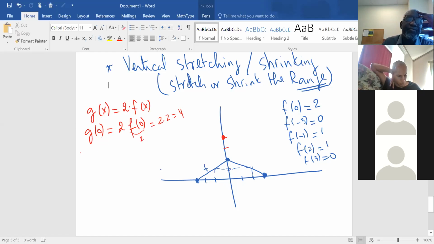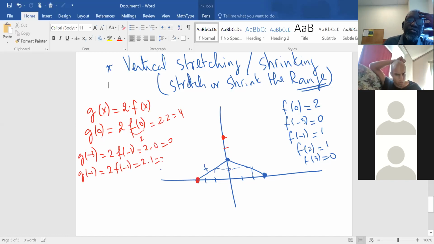What is g of negative 3? It is 2 times f of negative 3, which is 2 times 0, which is 0, right? What is g of negative 1? It is 2 times f of negative 1, which is 2 times 1, which is 2, right? So g of negative 1 is 2, right here.